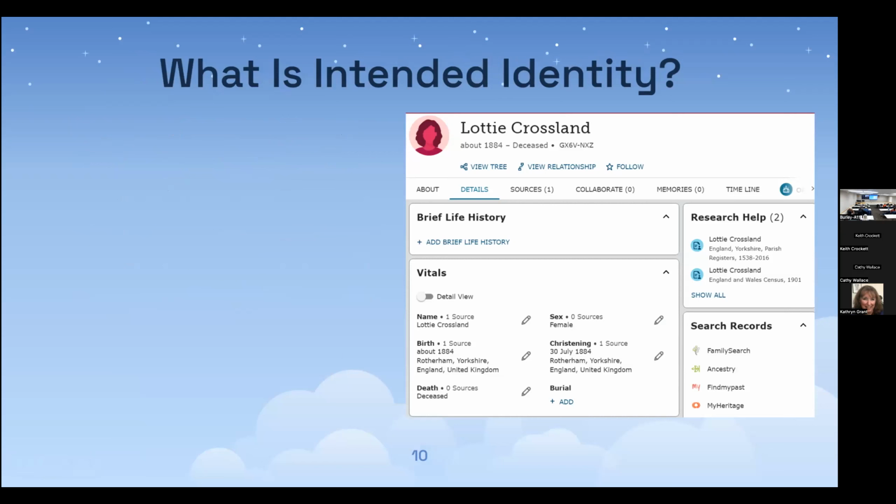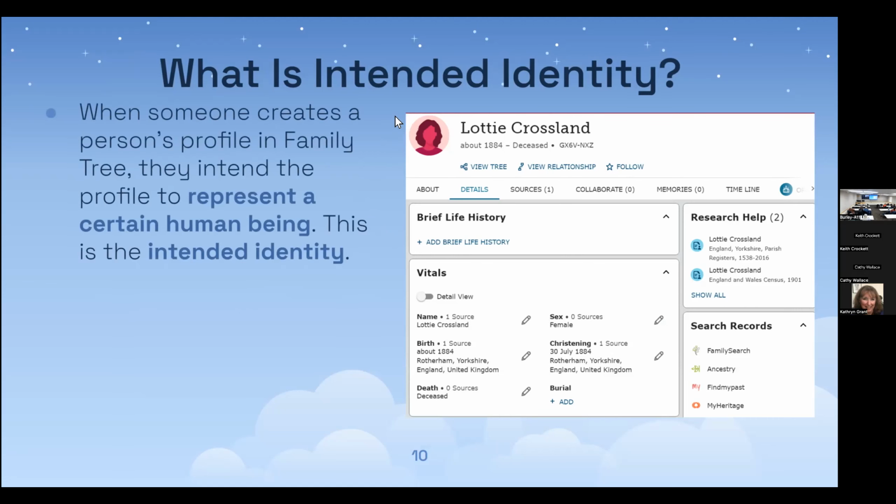The first important principle to understand, and if you were in the last class, last hour, this will be a recap. But for those of you who are joining us just for this hour, we want to talk briefly about the concept of intended identity. And this is a very important concept in Family Tree, which is a shared tree. So basically, when any user creates a person's profile in Family Tree, they intend it to represent a certain human being.